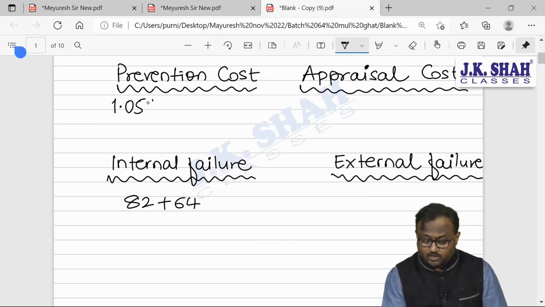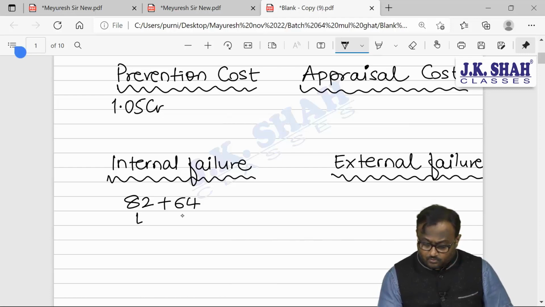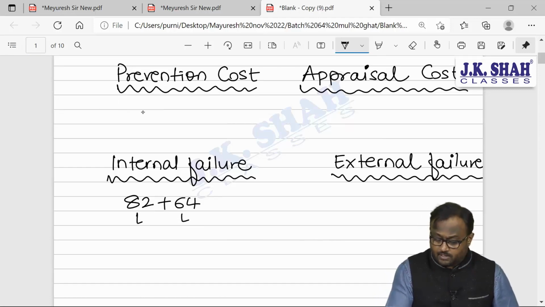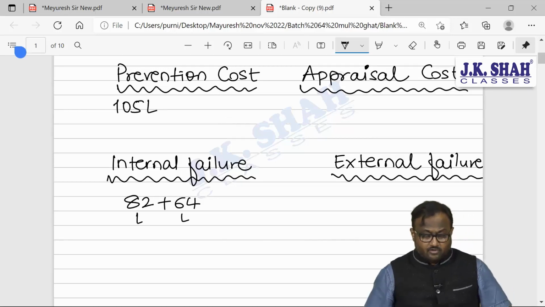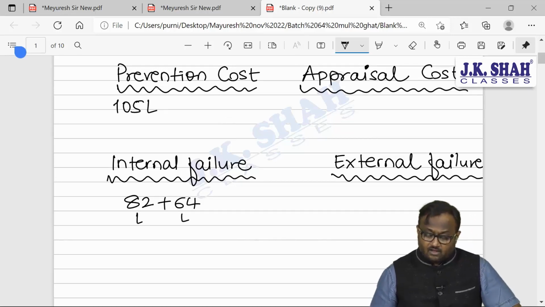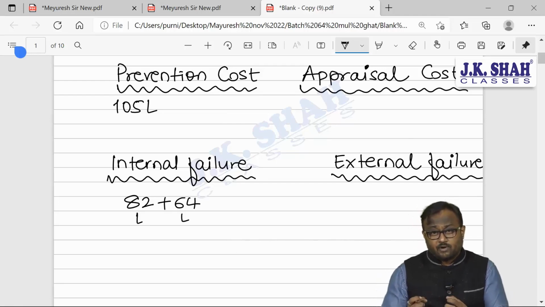So, 1.05 crores. These are in lakhs, so I'll better take it as 105 lakhs. I will take it as a recycling product, means I'm not processing them, I'm not producing anything out of it, I'm simply recycling it so that I will prevent the emission.